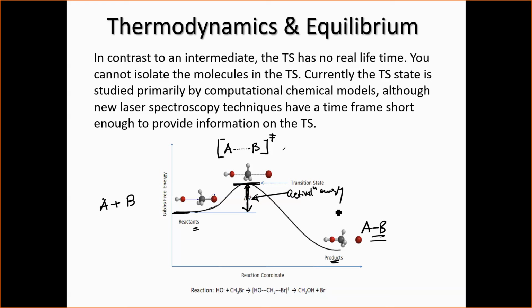Okay, so the transition state is a kind of intermediate step. Okay, but it's not an intermediate. It is a transition state. It is a state where it forms a transient species at the top of the activation energy. Okay, so it doesn't stay like that. Can you isolate this? No, it's very hard to isolate. But you can do computational calculation in order to see how it exists in the transition state.